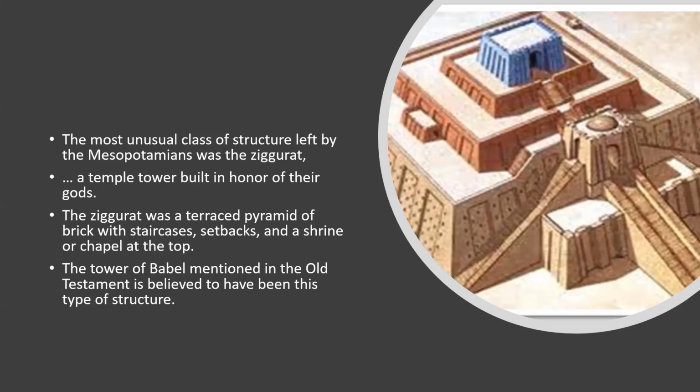But the construction was never finished because the people who worked on it suddenly had different languages so that they could not communicate with each other. Because they could not communicate, the Tower of Babel was never finished.